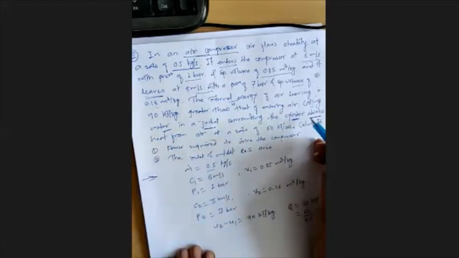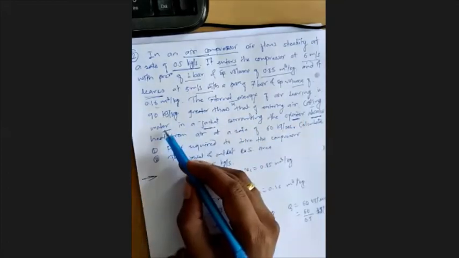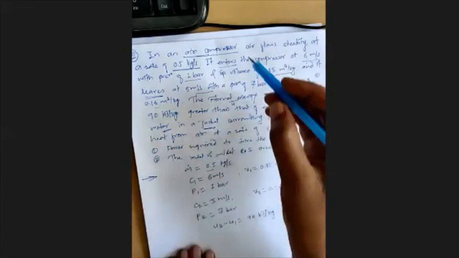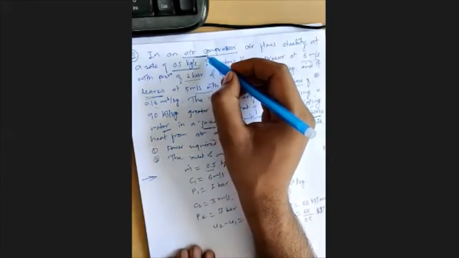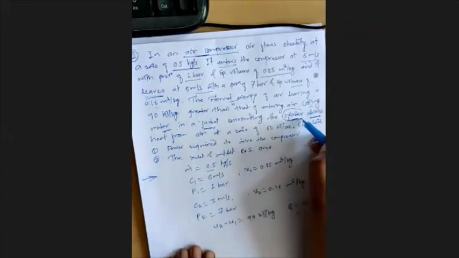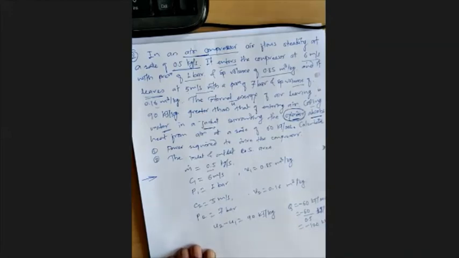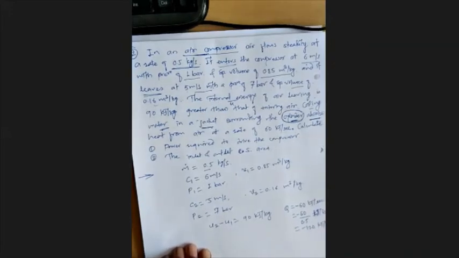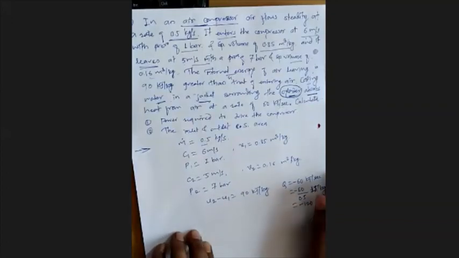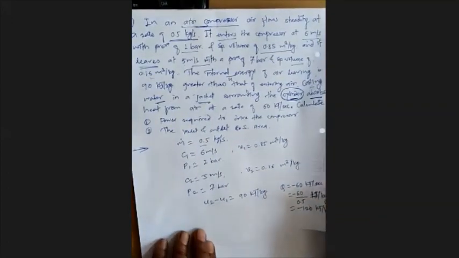So the heat absorbed by water in the jacket is nothing but heat lost by the cylinder of the air compressor. So this is going to be minus 60 kilojoules per second, or minus 120 kilojoules per kg. Is it clear to everyone, or does anybody have any doubt in this one? If you have any query, let me know, so that I can explain it in further detail. Or is it fine?